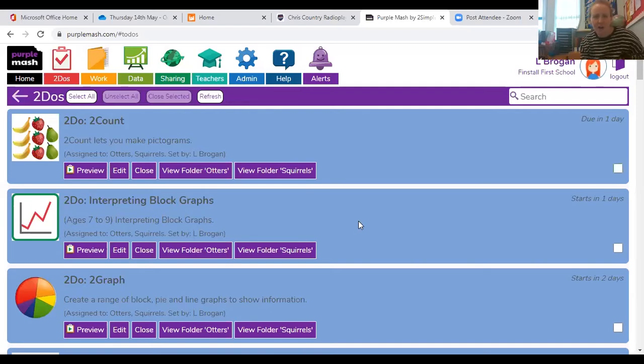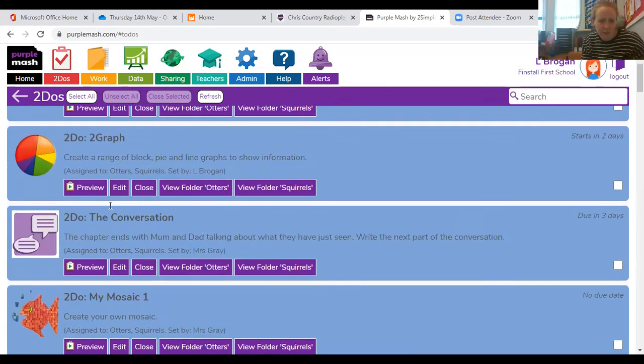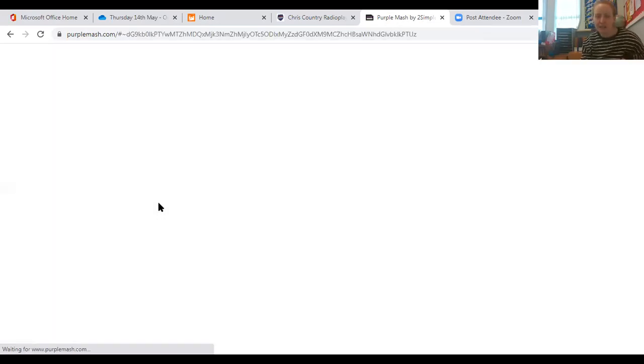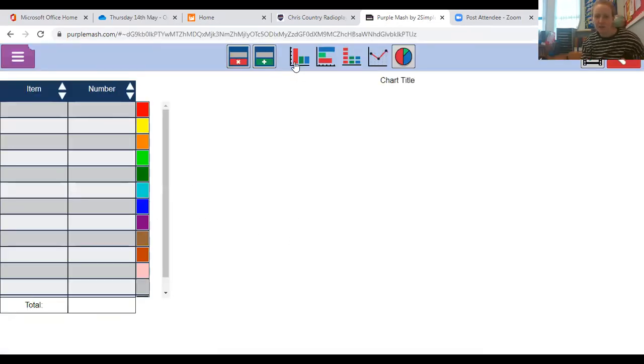again, I'm going to have to find it for you, on Purple Mash. And on Purple Mash, we have got this one here, to do graph, which will be ready for you for this lesson. So if you go in here, we're doing this type of bar chart. Once you've done your tally chart, you can write in here.